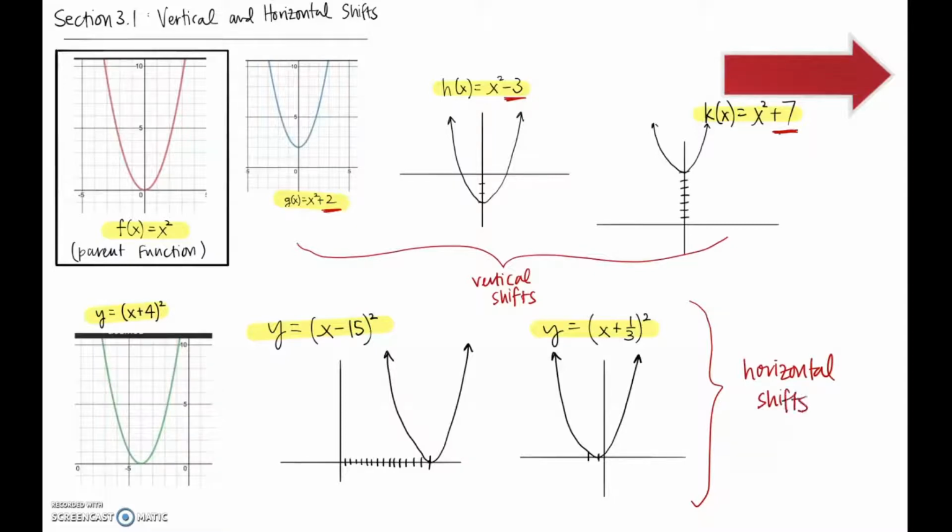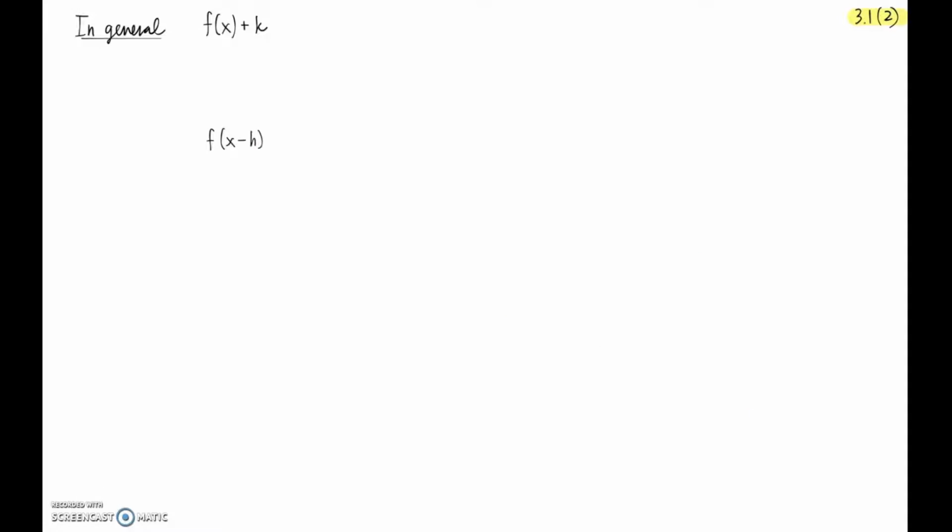These vertical and horizontal shifts work for any function. It doesn't have to look like this guy. Anytime you have a basic or a base function, you can perform these vertical shifts or these horizontal shifts in a similar way. So let's generalize what we're learning here. As we generalize this, we're going to look at 2 different notations.